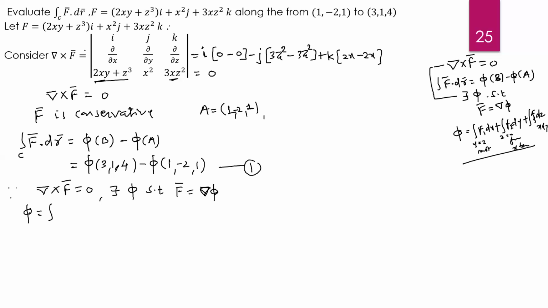Okay, suppose this F bar we denote as F1 i + F2 j + F3 k bar, where F1 is the coefficient of i.